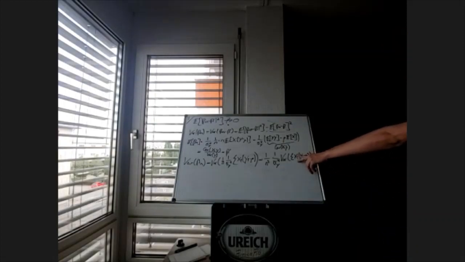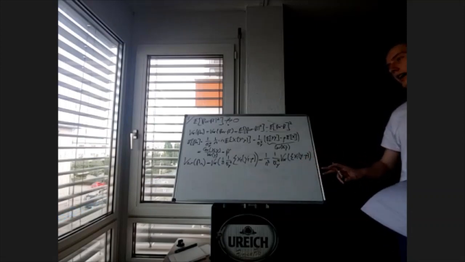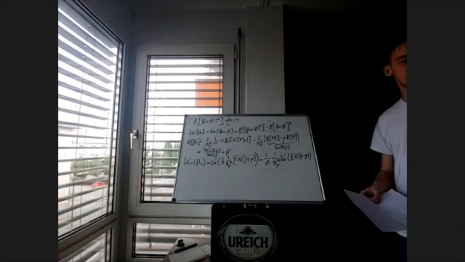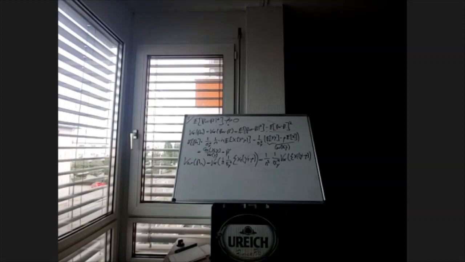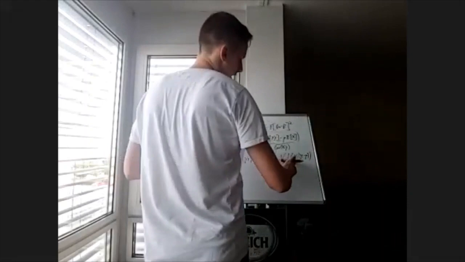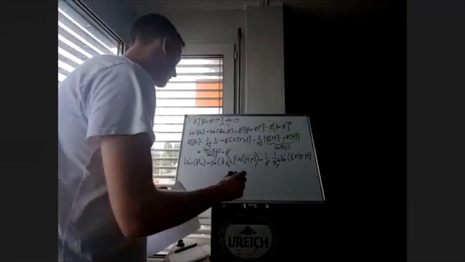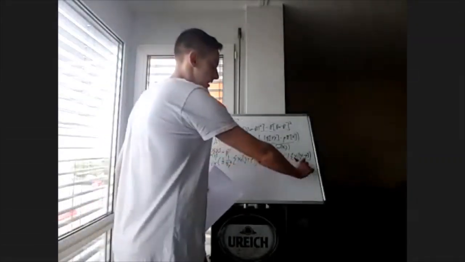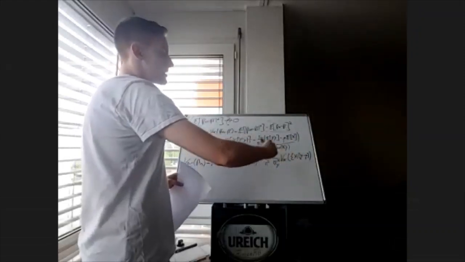Because, well, if we look at different i's, so x_i and y_i are not independent, but the pair x_i and y_i is independent of the pair x_{i+1}, y_{i+1}, something like this. So we can just get the sum outside of the variance because of independence, and because this is identically distributed, the sum just gets n times.